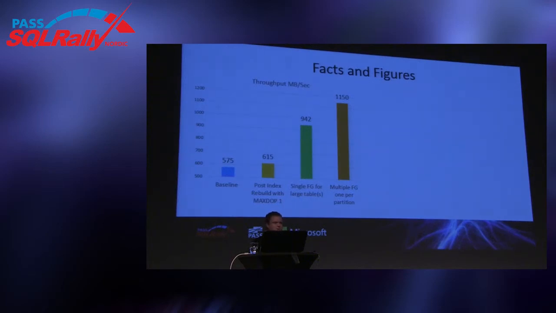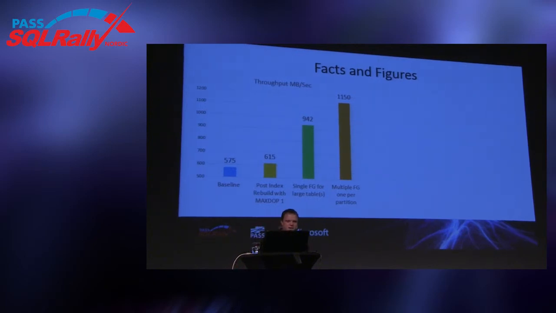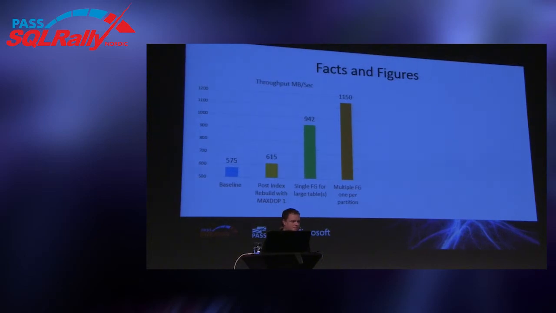No code changes, no regression testing, no talking to developers. For me, this is completely in my control. You can add files and file groups and no one needs to know. You get a little bit of an outage, some downtime while you're shuffling the data back and forth. But a 2x improvement without having to make any code changes or ask for any QA or regression testing, hells yeah, works for me.